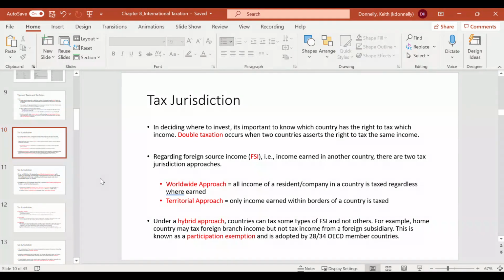So two scenarios here. One, worldwide approach, U.S. citizen makes income in Germany. In that case, the U.S. will tax it. It's outside its geographic borders.